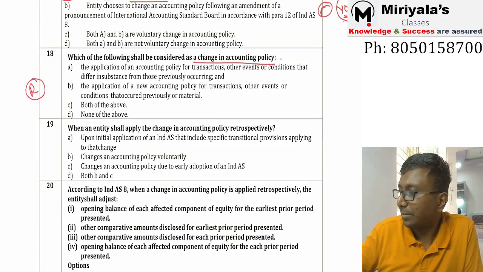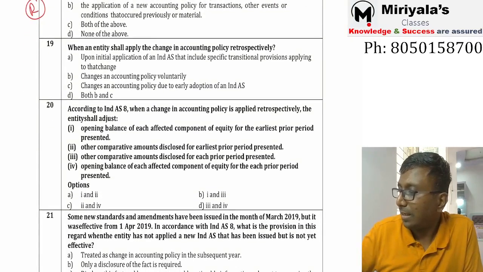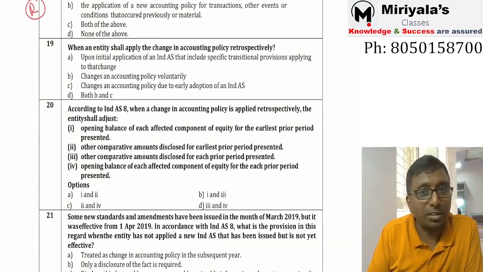This is repetition again. Correct? Yeah. 19th. When an entity shall apply the change in accounting policy retrospectively, yes, please. You go through, I think you will be able to answer 19th bit. 19th bit answer, please.